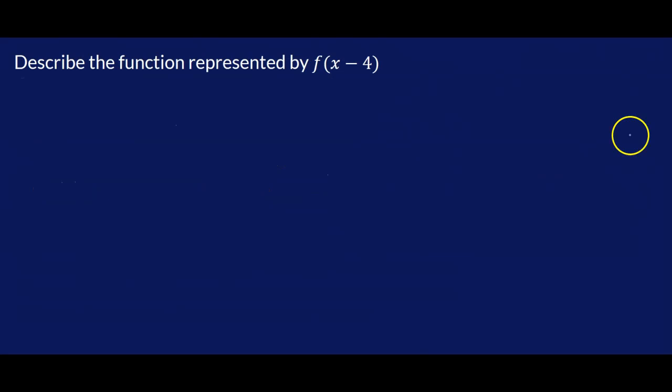Now let's switch it around. Describe the function represented by f of x minus 4. You can see the transformation is happening in your input. So the function translates, and we're going to say this is a horizontal translation.